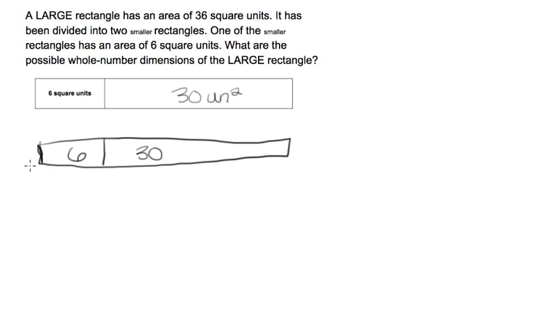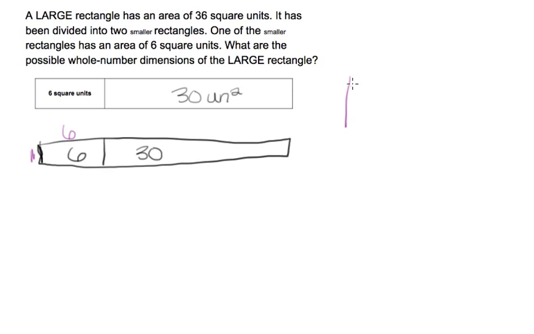So let's start thinking about some possibilities. I'll do this one in purple. So if this is 6 here, what are the possible dimensions of a width and a length that would get us 6 when multiplied together? Well, couldn't we just multiply 1 by 6?